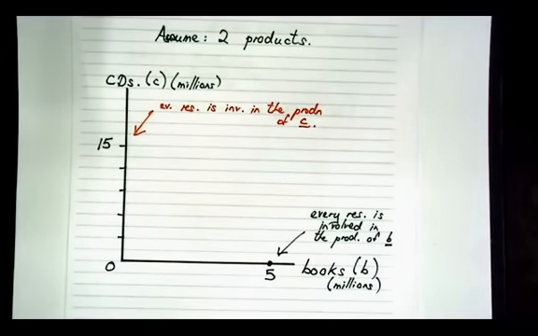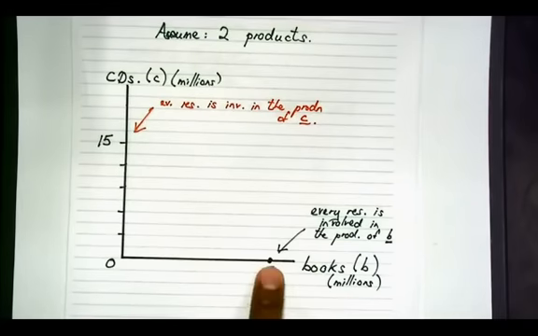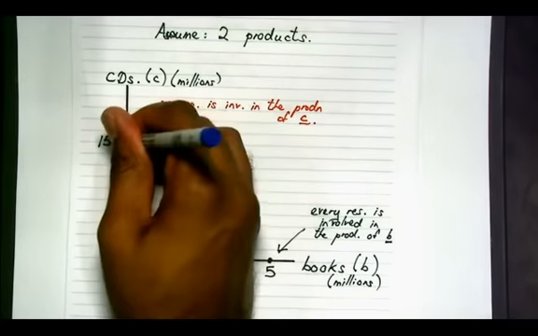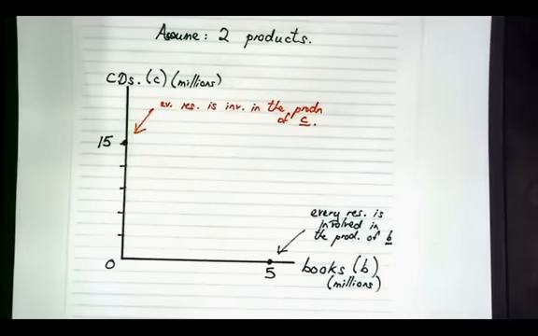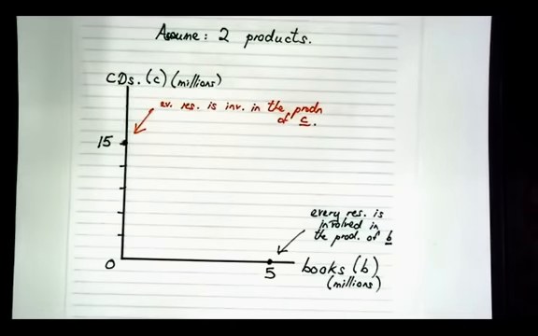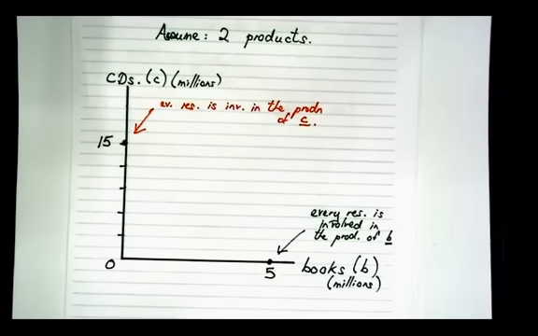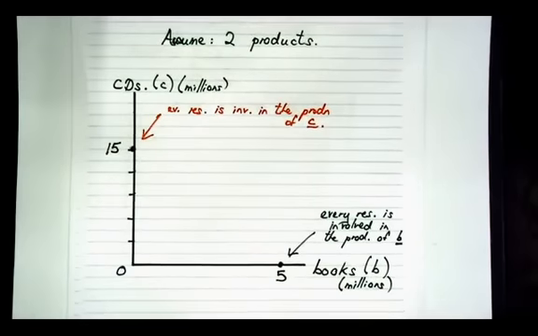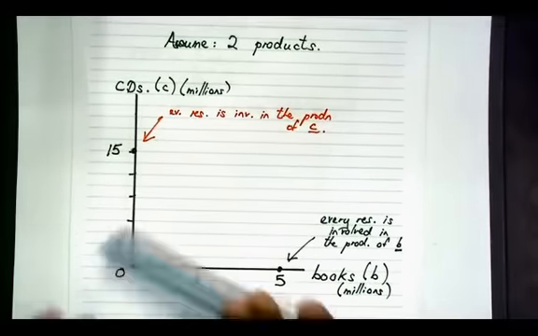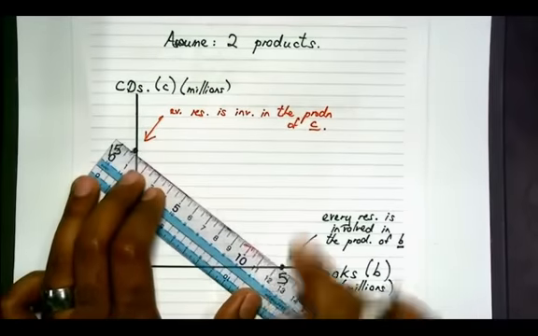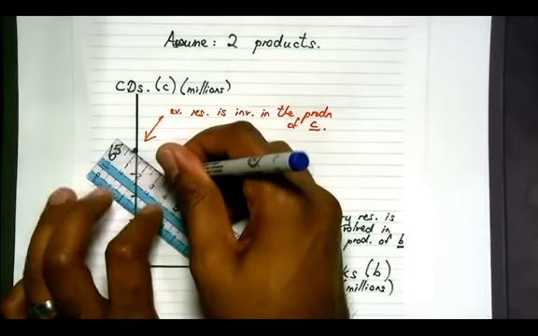So, in our economy, we can produce only books, only CDs, or combinations of both. I'll start off with a straight line, and I'll change that later.